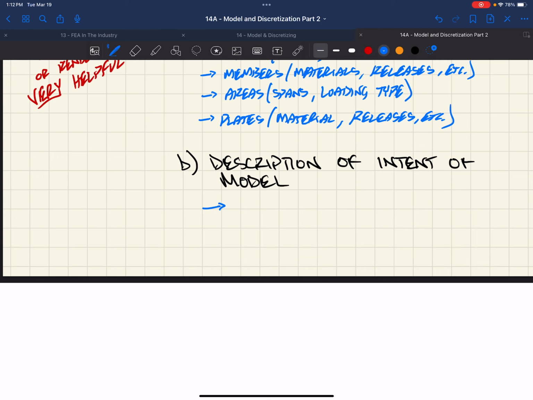Maybe we were doing chord design or collector design or diaphragm design or gravity or lateral, right? Or a single brace frame on one part of the building. And that could be one model we're running, right? And so being good about describing the title for that and describing that in your calculations is key. So maybe we're doing a lateral analysis.